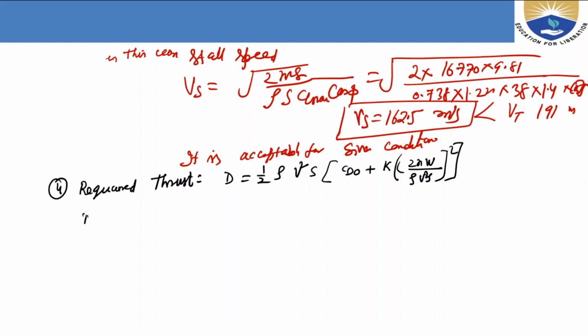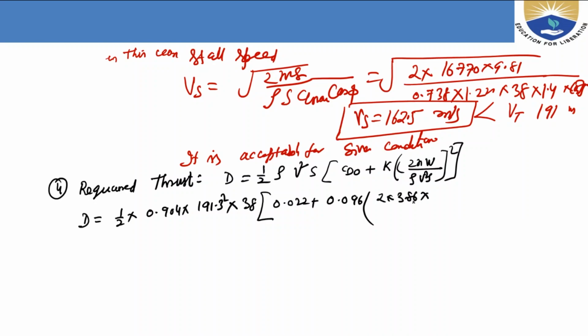So we put in the values: half into 0.904 into 191.3 squared into area 38 into CD naught 0.022, plus 0.096 into 2 into 3.86 into W, which is 16670 into 9.81, divided by 0.904 into 191.3 squared into area 38, whole squared.